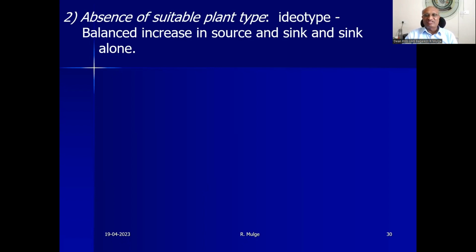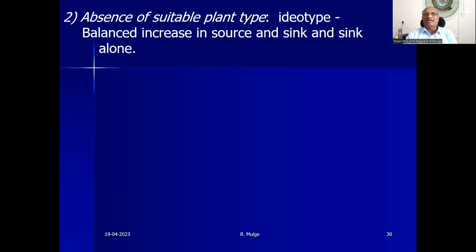If you have sufficient area for photosynthesis, then only can you expect higher yield. That means each and every character of the plant you have to define. That is your ideotype. You are imagining your variety should be like that. So this is important: a balanced increase in the source and sink.